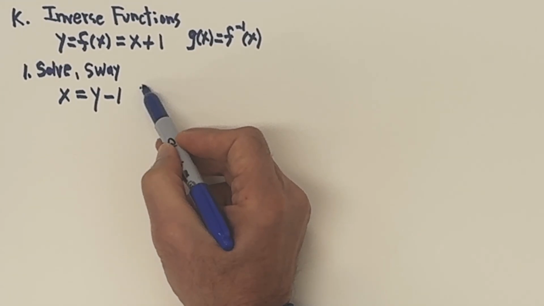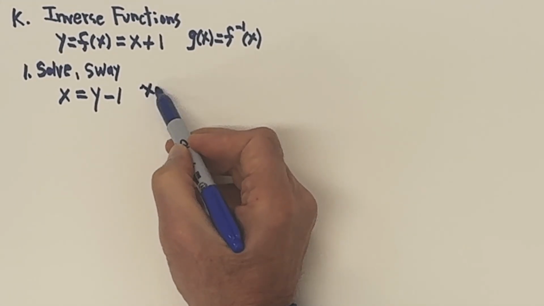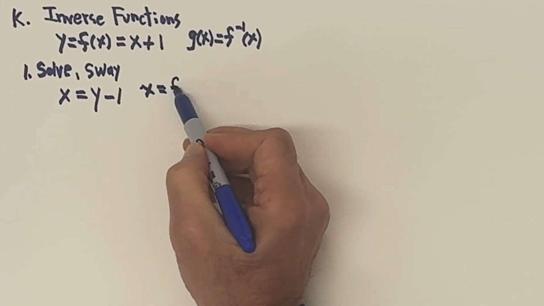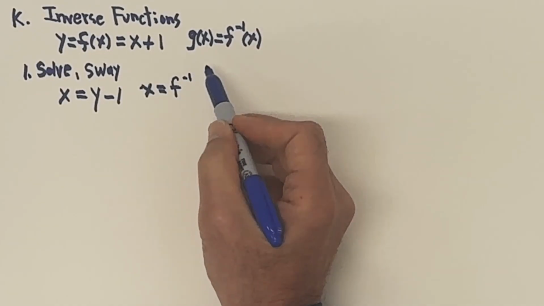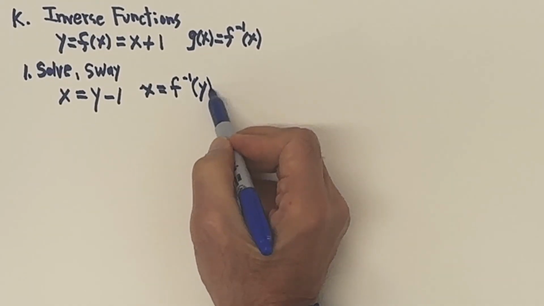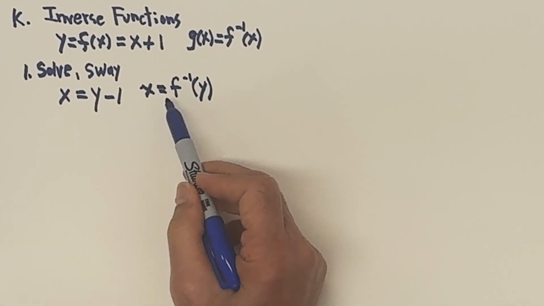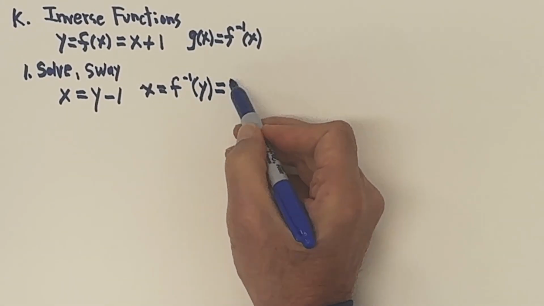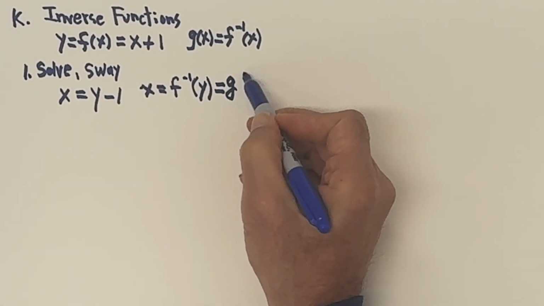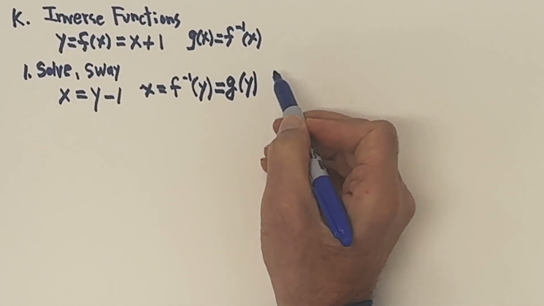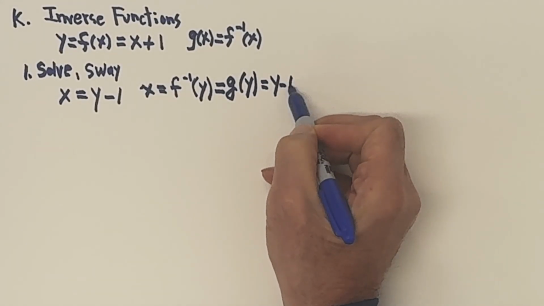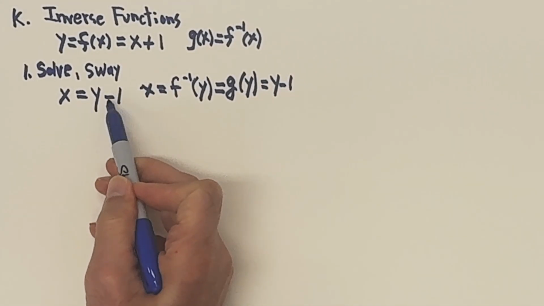So here, before I do the swap, I'm going to say x, just to emphasize, is the inverse function of y. So in other words, you put the y in, you're going to get the x. And we can call that g of y, because it is a function of y.